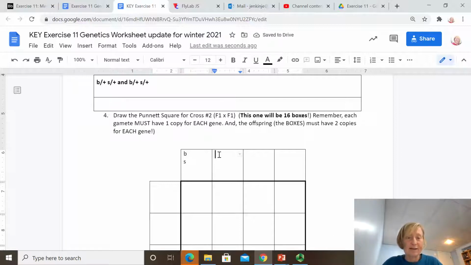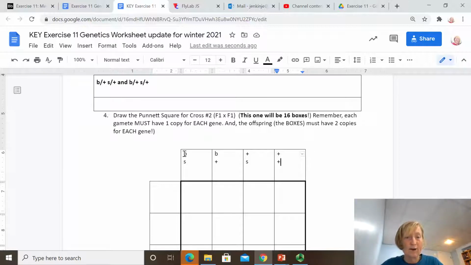So you could get BS, a little b for the eye color and the wild type allele for the shaven bristle shape. Or you could get the wild type allele for the eye color and shaven for the bristle type, or wild type for the eye color and wild type for the bristle shape. Whew!